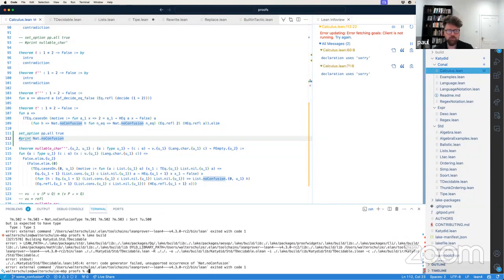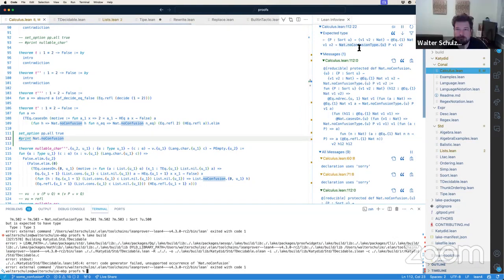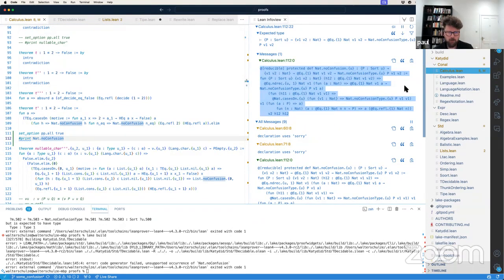I think you get this no confusion for every inductive type that you define. So here's the generated function. Yeah, this is generated. Oh, it is on sort.